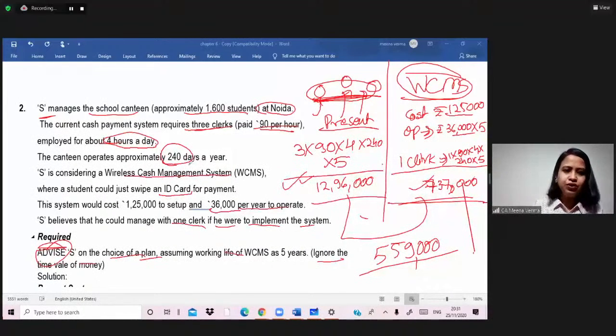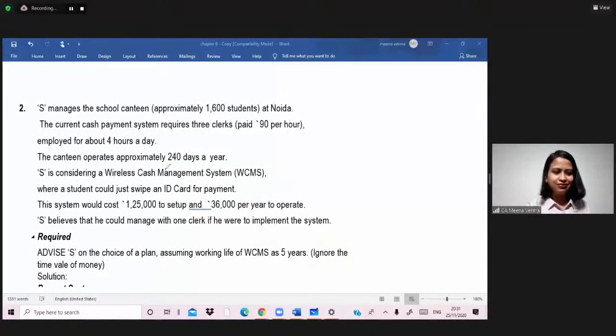I hope this concept is clear. Now let us proceed forward. आगे चलते हैं. Next question. ठीक है. Now let us do the next question.